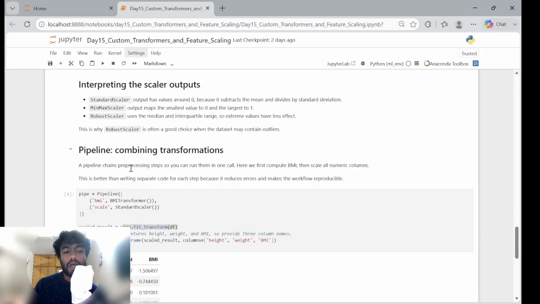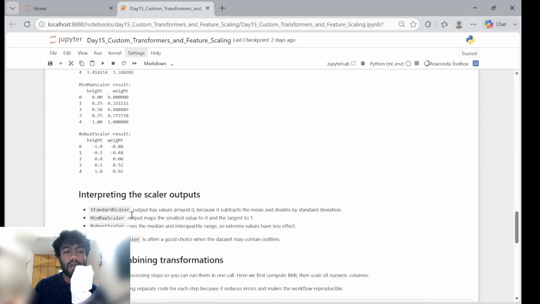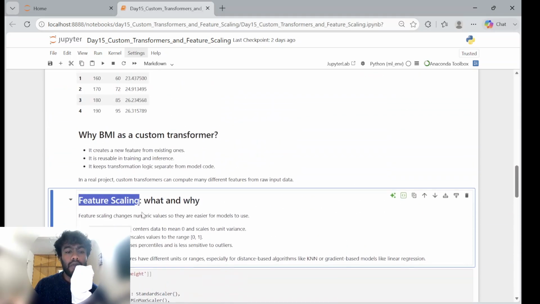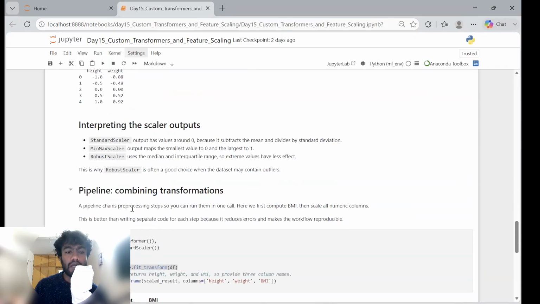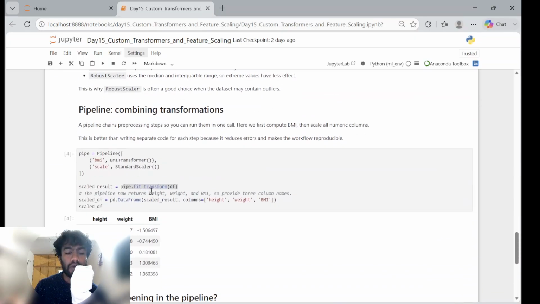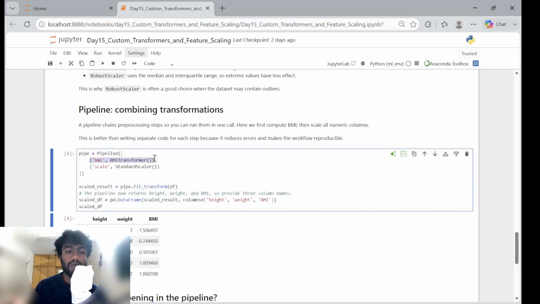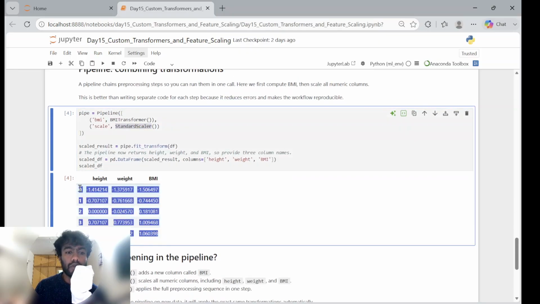Okay, so let's combine both of these, the transformer and feature scaling, either a standard scaler or one of these. I have a pipeline here which transforms to a BMI feature and also scales the value with the standard scaler method. So here is the output for the same.